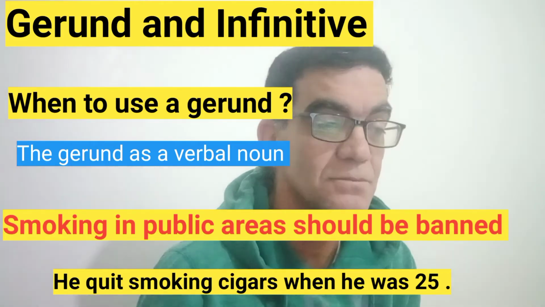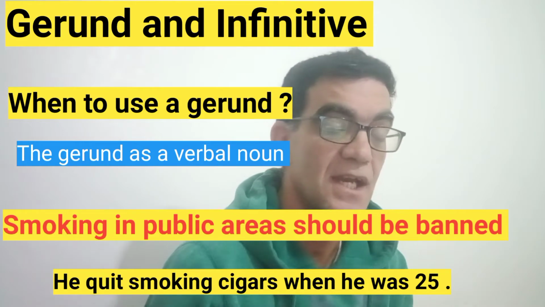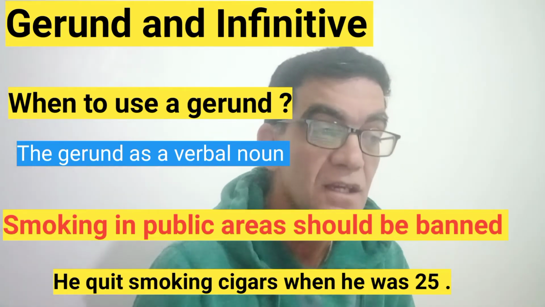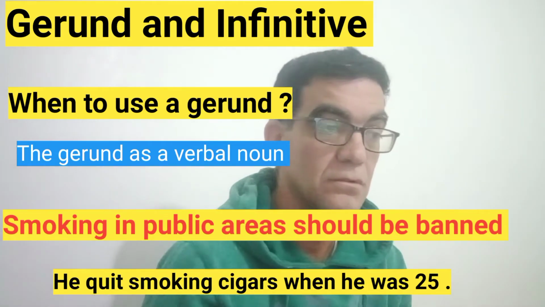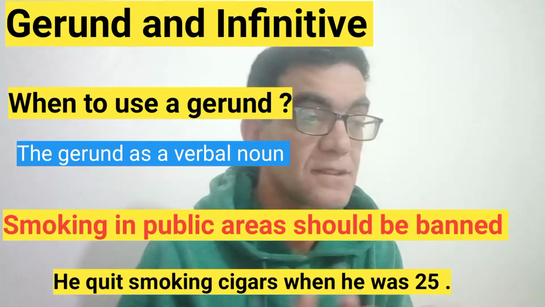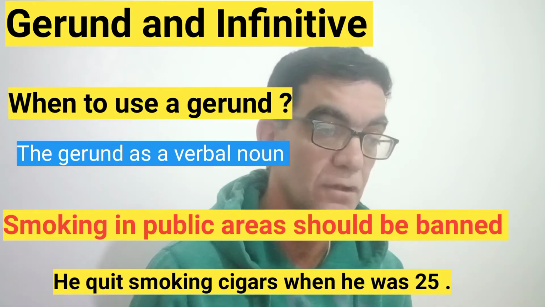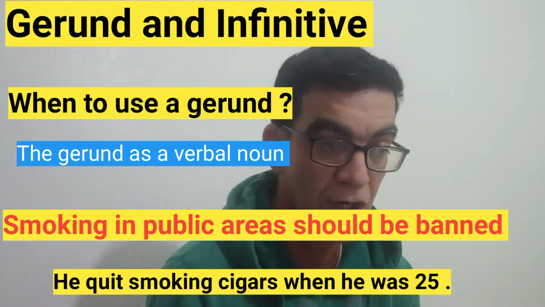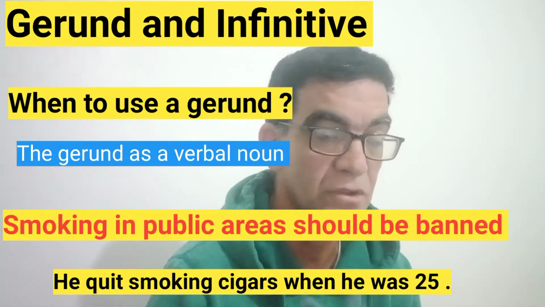So at the age of 25, he decided to stop smoking. Quit is a verb, smoking as well is a verb, but it takes the form of a noun and we add -ing at the end of smoking.